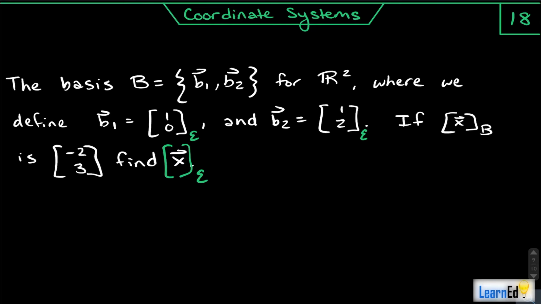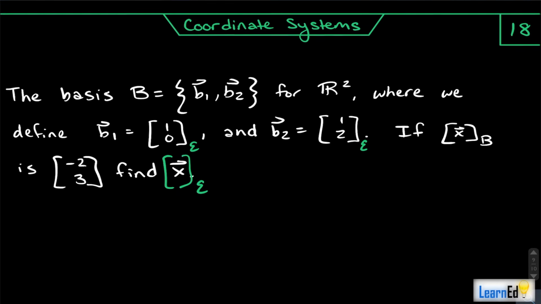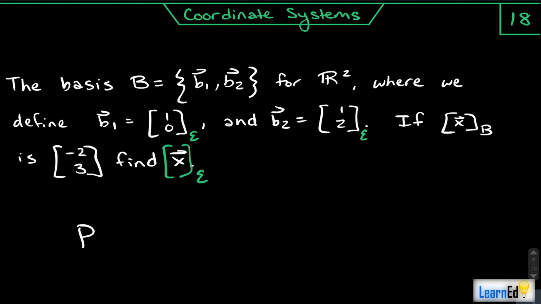So how do we encounter a problem like this? What we do is we have this formula, PB times x relative to B equals x. Again, this x is relative to E, though they usually write it with an epsilon looking thing. That's the formula you need to be using here.